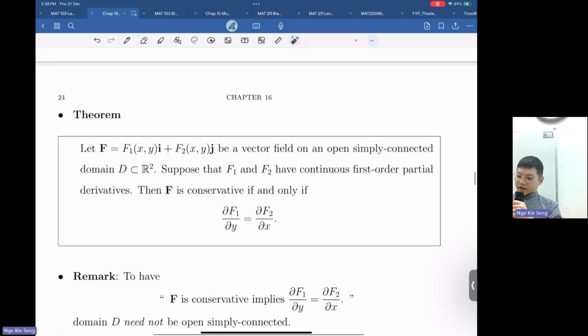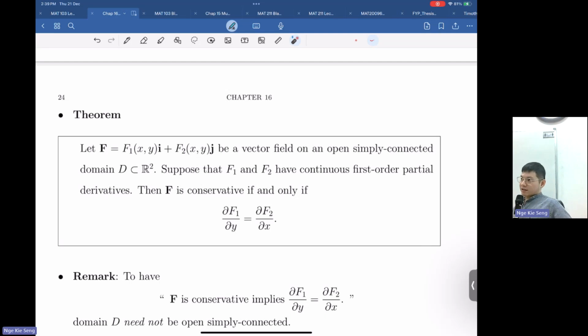All right, so why do we need this? Because of this theorem here. Let F be a vector field on an open, simply connected domain. Last time we talked about open set, right? For every point, you can find a neighborhood such that the neighborhood lives inside your domain.